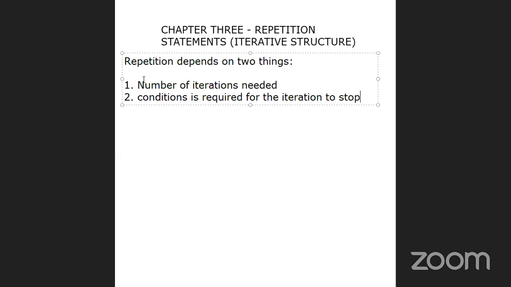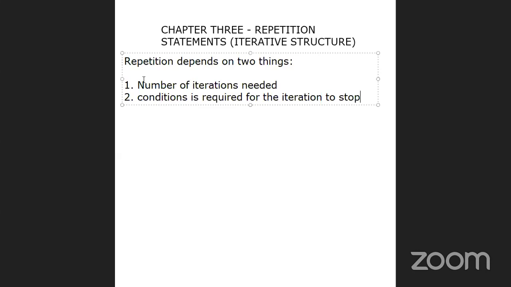Maybe, for example, the process is going to repeat itself 5 times. And two, there has to be a stop condition, so you need to know at what point the iteration should stop. So those are two things you need to be mindful of.